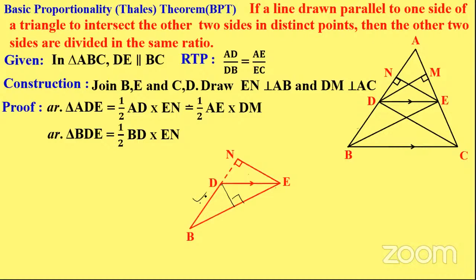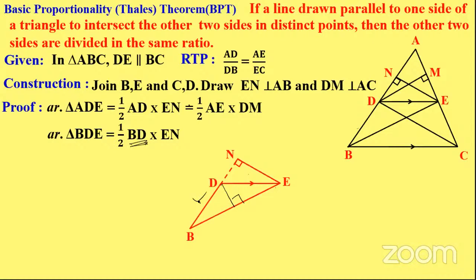When we use BD as the base, obviously its corresponding altitude comes from vertex E. So BD is the base.